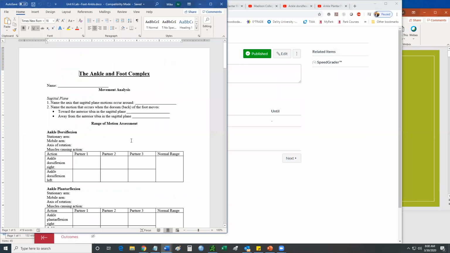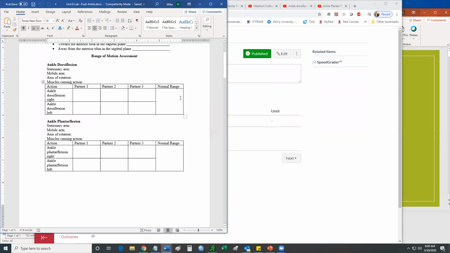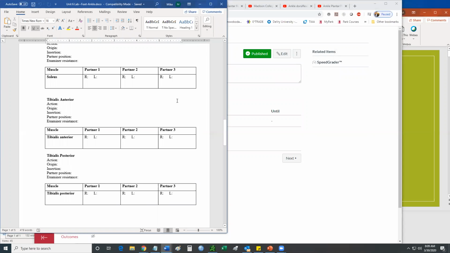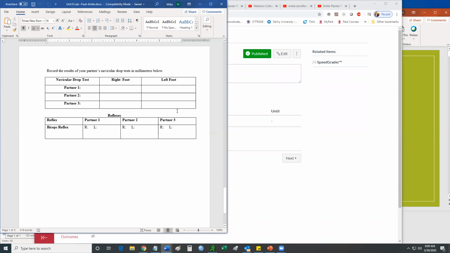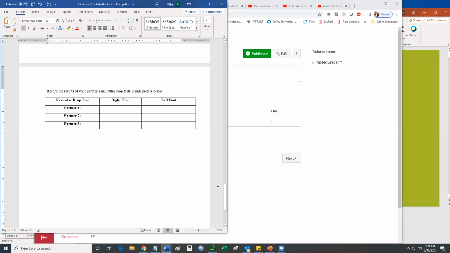So you'll have this to be able to turn in. Now, what you'll need to turn in for this, and this is incorrect here, I don't know why that was included.